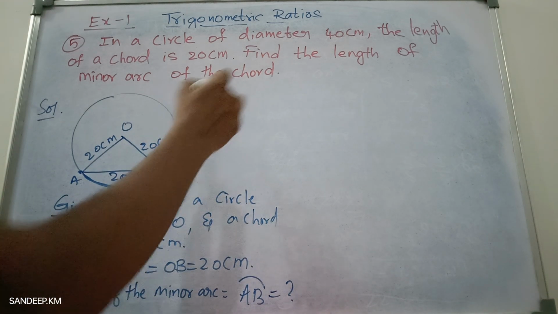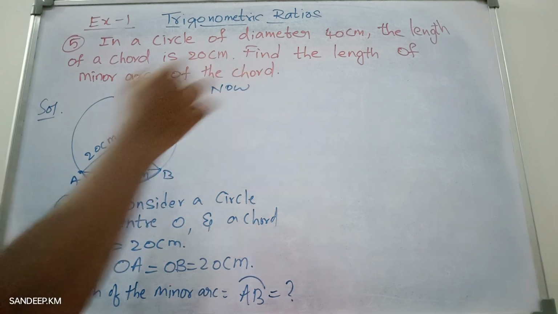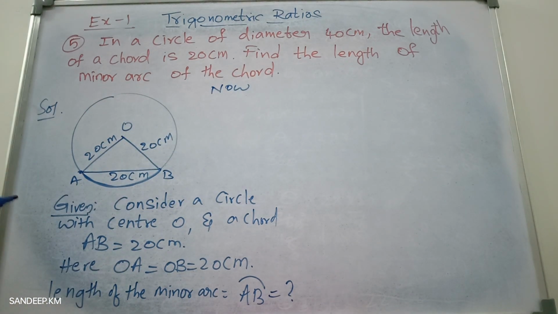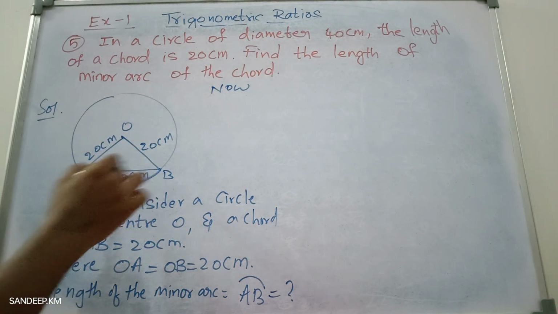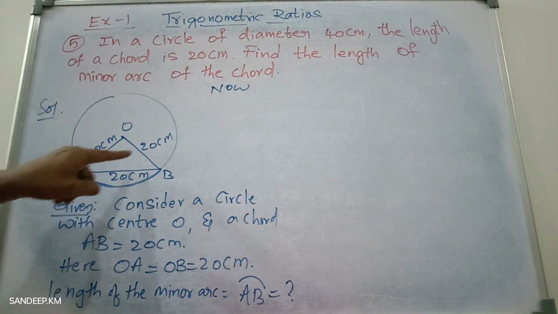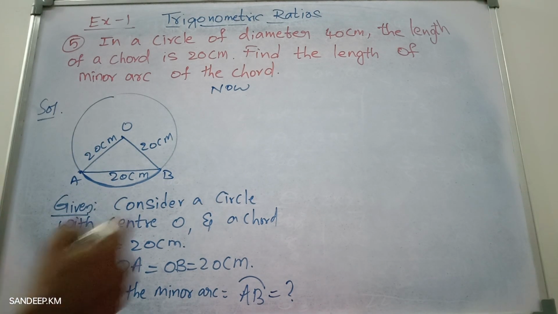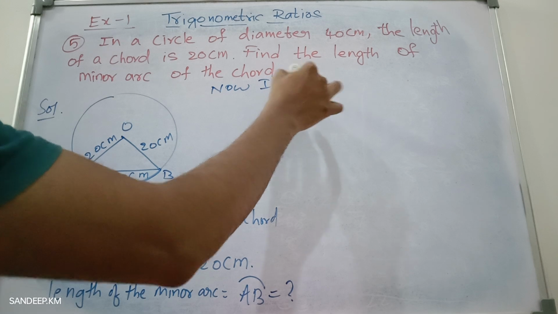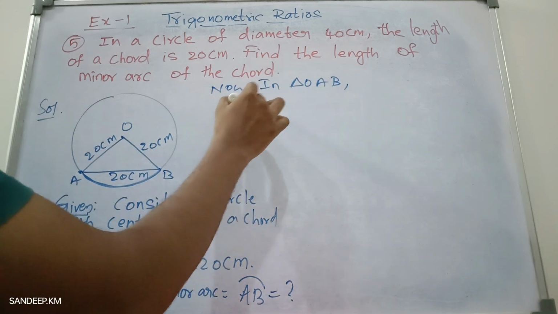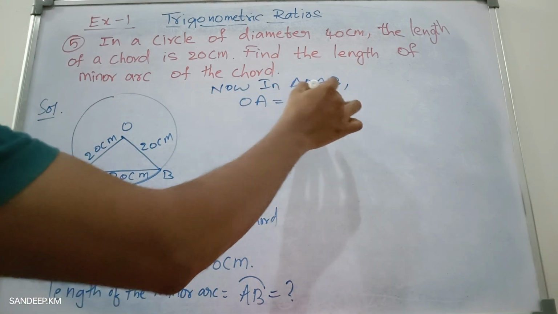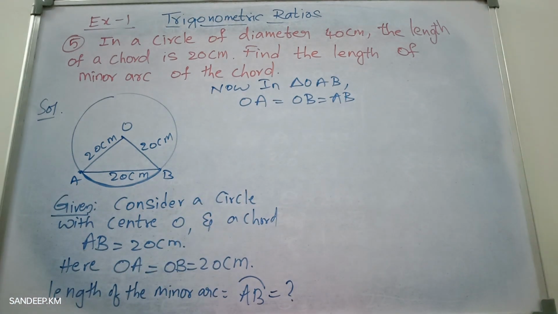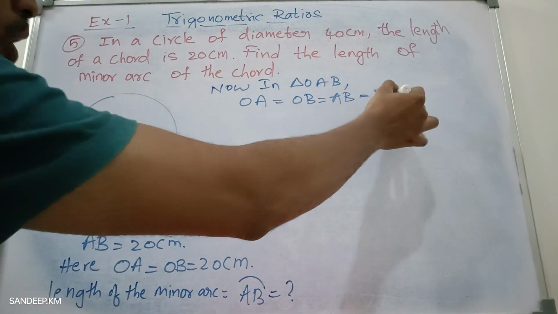Now let us start studying, dear students, how to find the answer. It's very simple. Look at the triangle OAB. All three sides are equal to 20 centimeters. So in triangle OAB, OA is the first side, OB is the second side, and AB is the third side. All are equal to 20 centimeters.